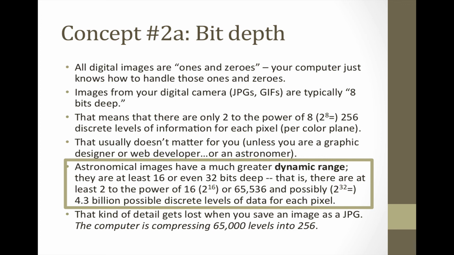What that means is, for each level in each pixel, you have only 2 to the power of 8 discrete levels of information. So 2 times itself 8 times is 256. So there's only room in each pixel for up to 256 ones or zeros. It doesn't have more, it doesn't have less, it's only 256 for each pixel that you have.